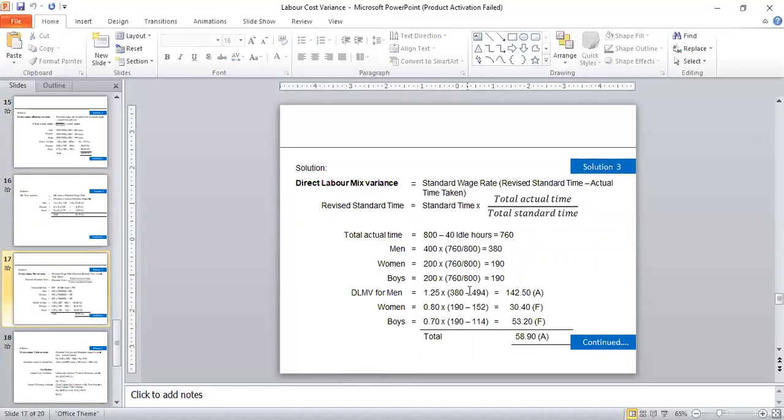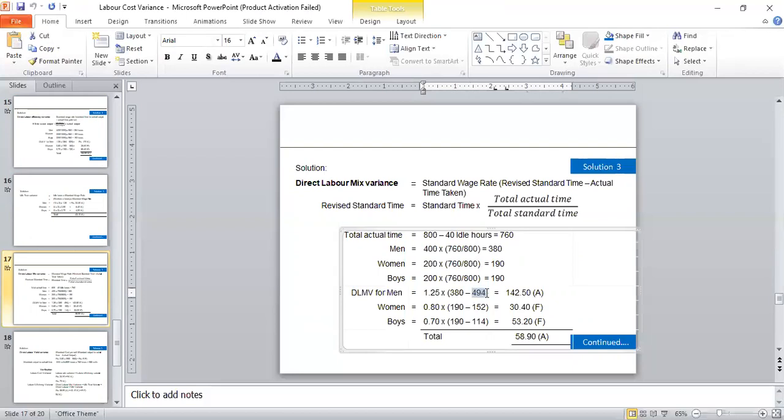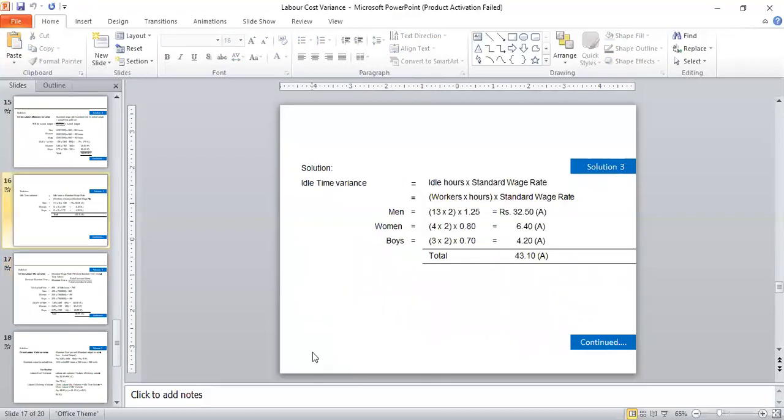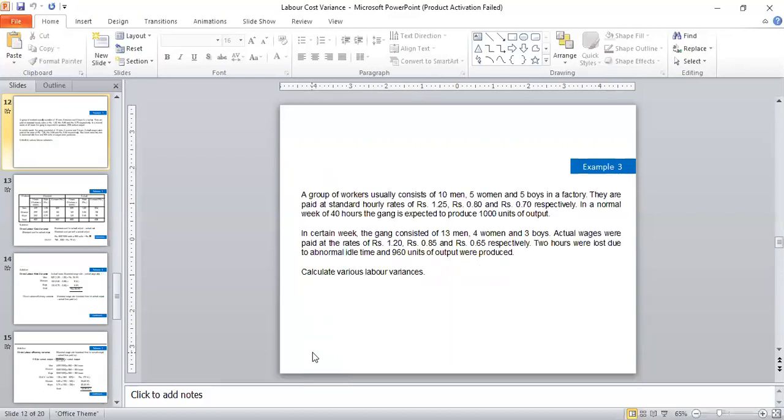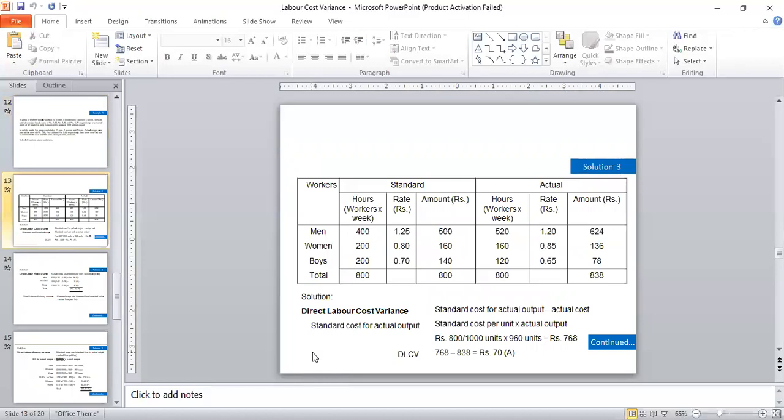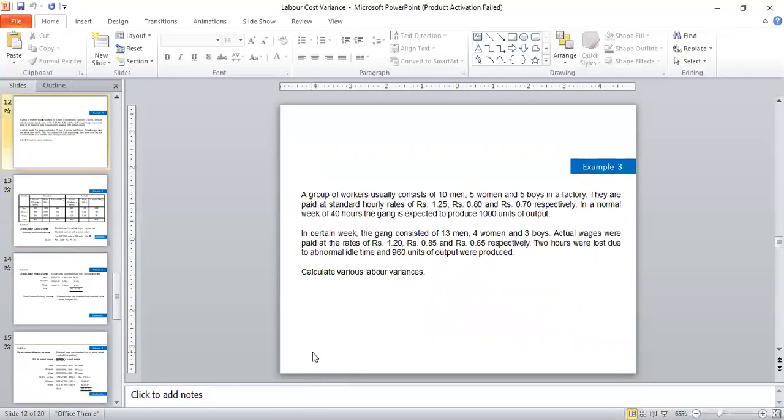Then we reduce the 26 hours from the actual time taken: 520 minus 26, 160 minus 8, and 120 minus 6.